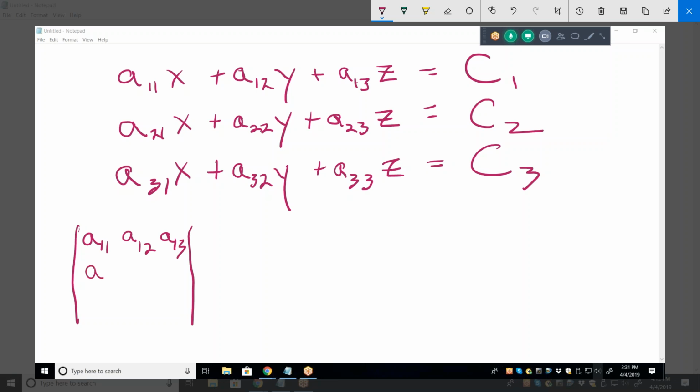So we're going to do the same thing with a 3 by 3. This is going to be our denominator, this determinant. We're going to call that D.